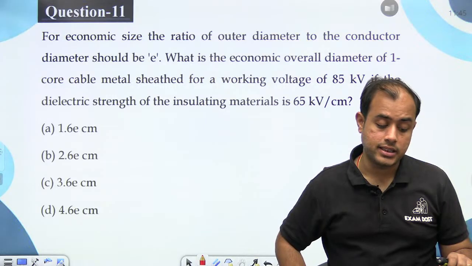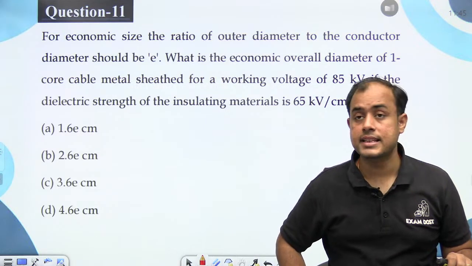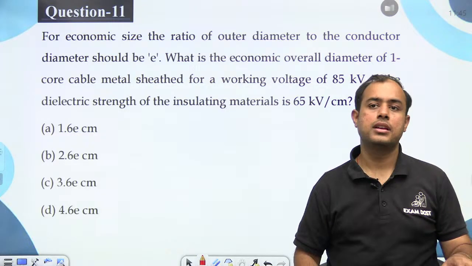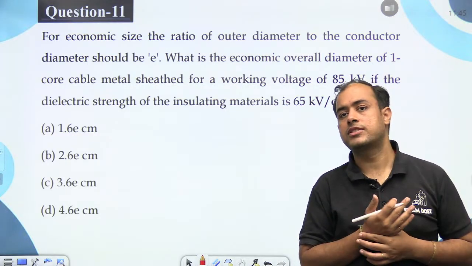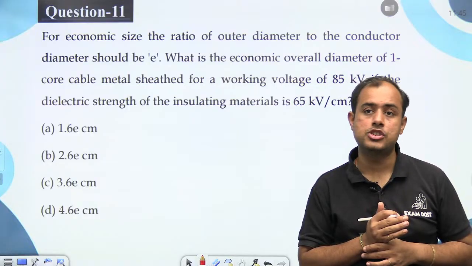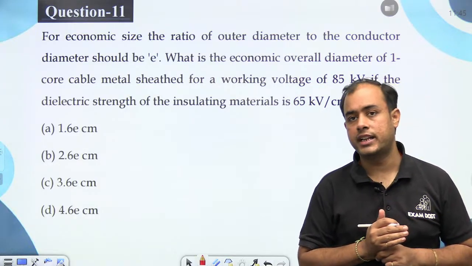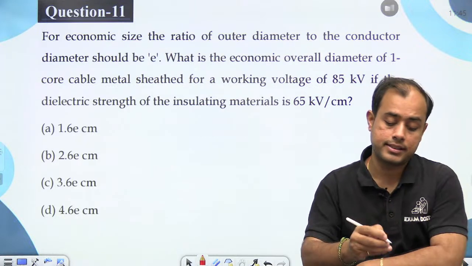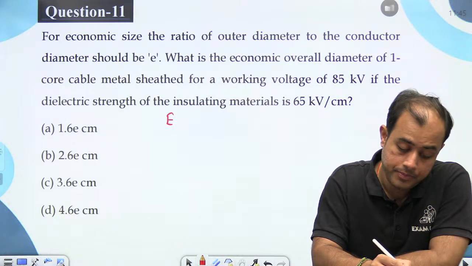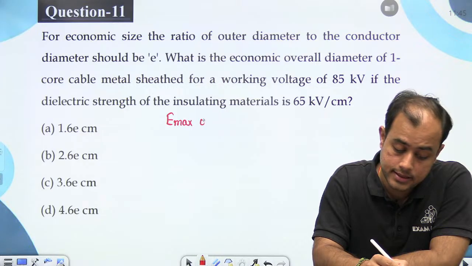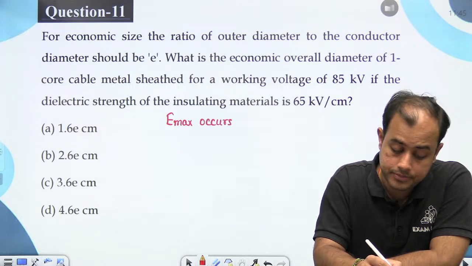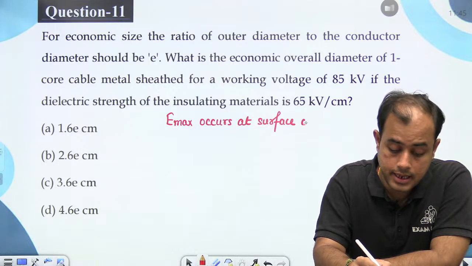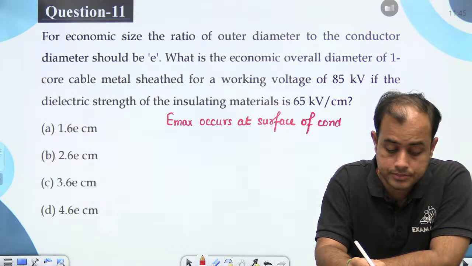ESE 2023. For the economic size, the ratio of outer diameter to conductor diameter is E. Correct. Economic overall diameter of single core cable metal sheathed for a working voltage of 85 kV and dielectric strength 65 kV per centimeter. Now Emax occurs at surface of conductor.